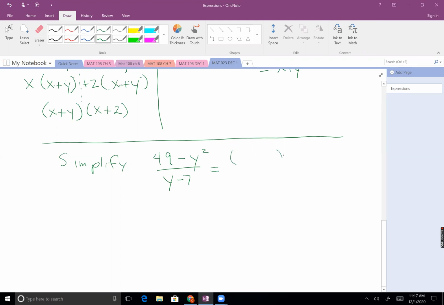The top is 2 squares. It's the difference of 2 squares. Beautiful. And so that'll leave me with 7 minus y and 7 plus y. And we get over y minus 7.